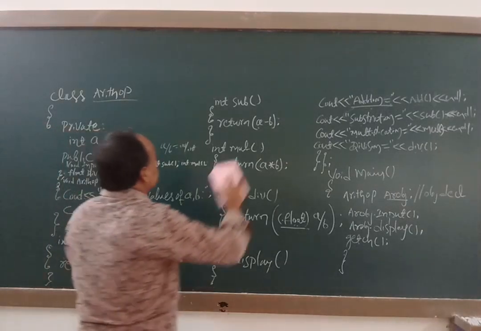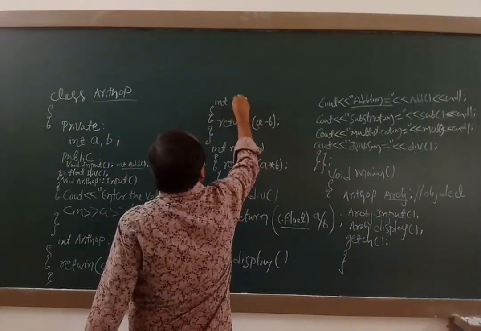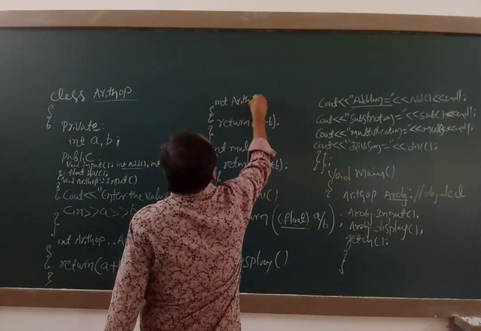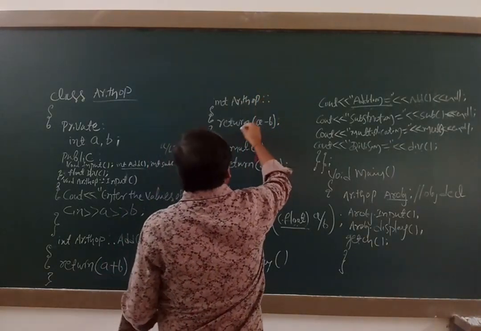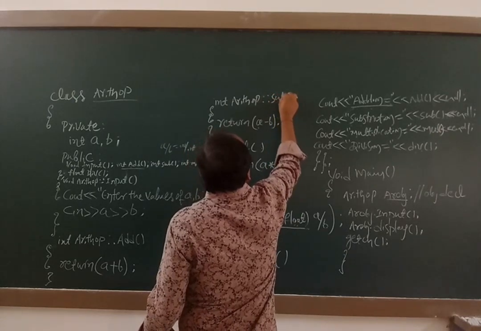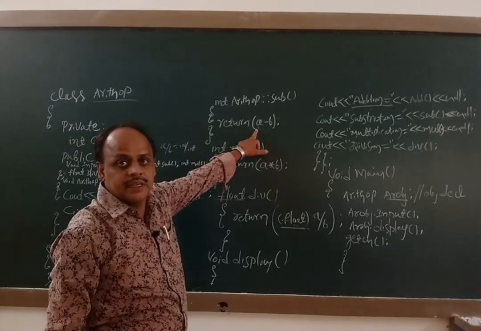Next int name of the class, arithmetic operation, scope resolution operator, SUB function. Here a minus b operation is done.